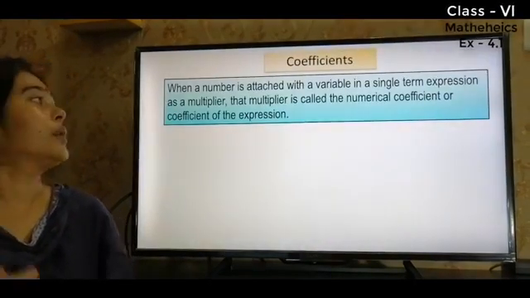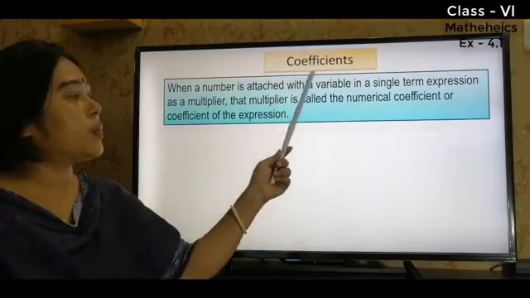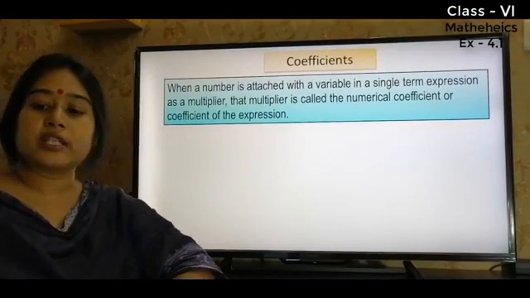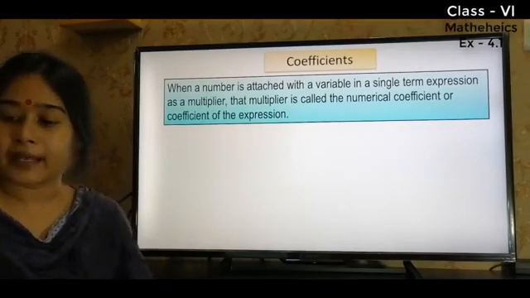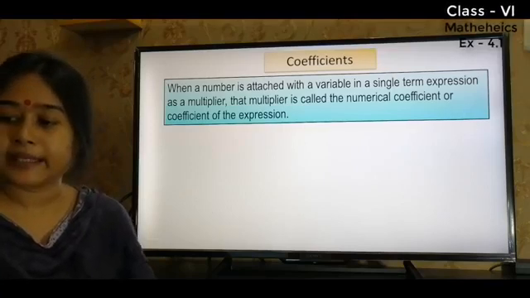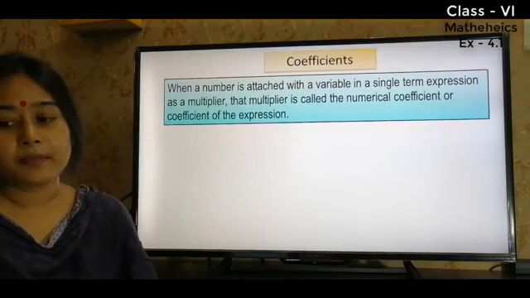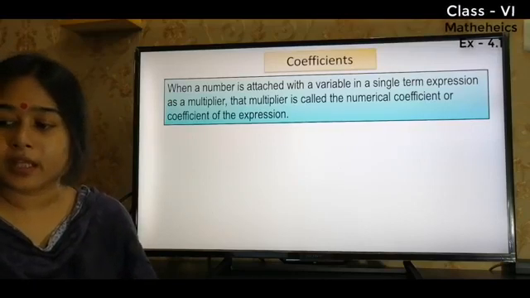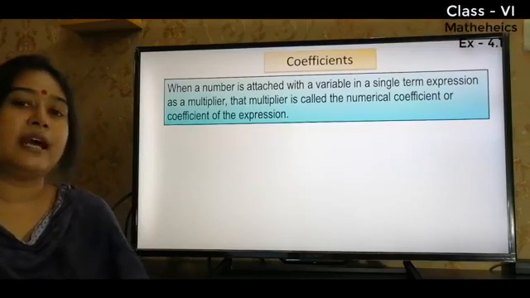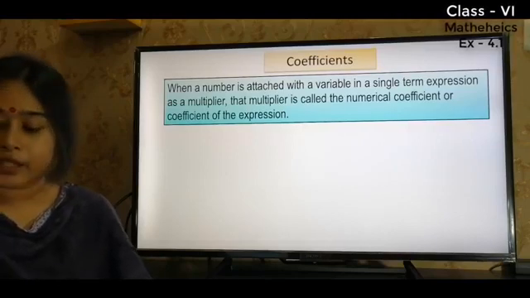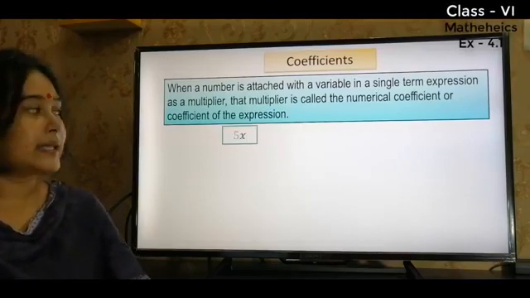Now we are going to understand what coefficients are. The definition is: when a number is attached to a variable in a single term expression as a multiplier, that multiplier is called the numerical coefficient or coefficient of the expression. We can understand with an example here.